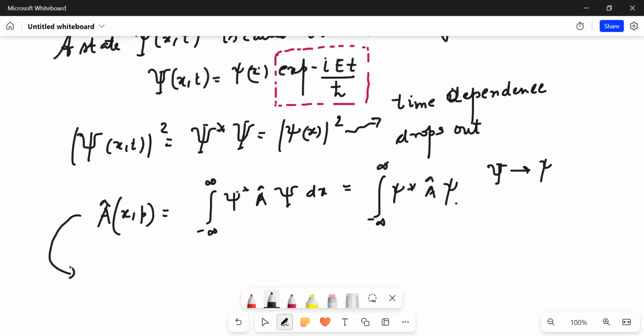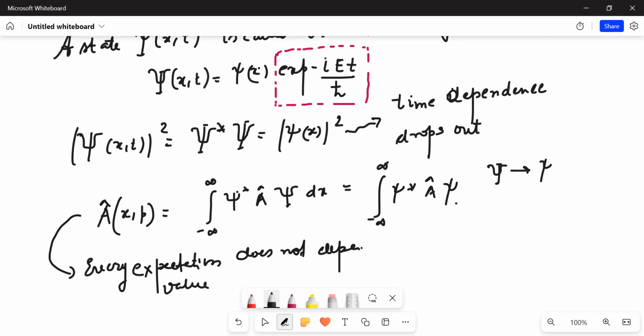In fact, every expectation value that we get does not depend upon time; it is simply constant in time.